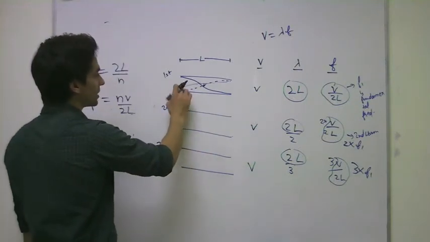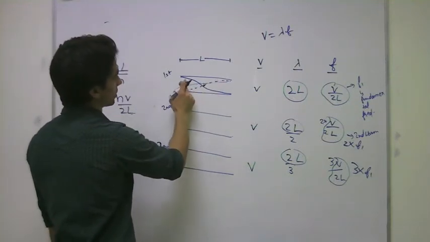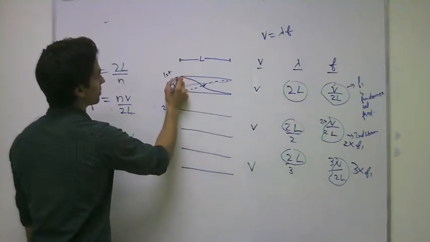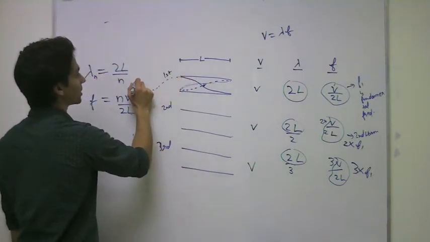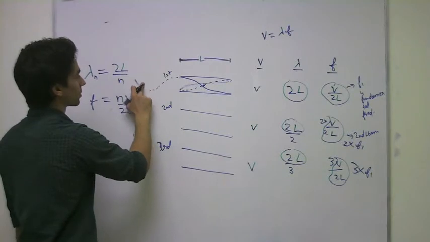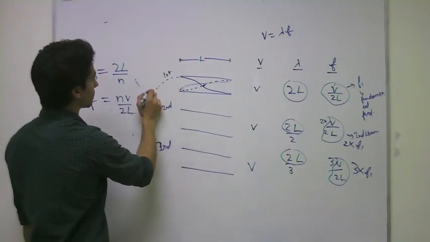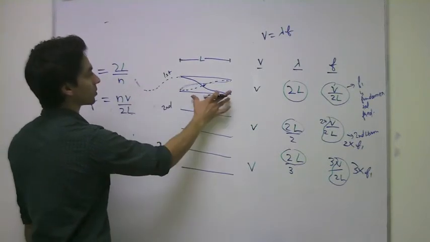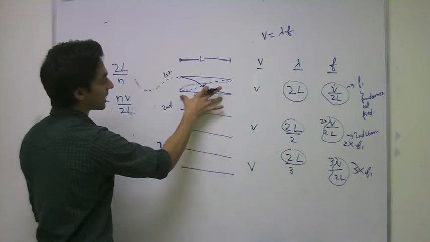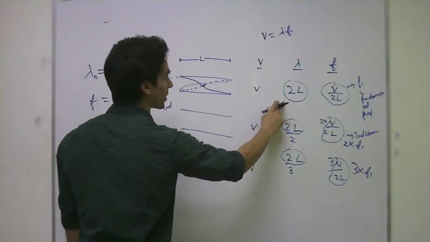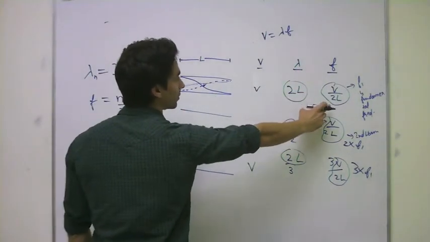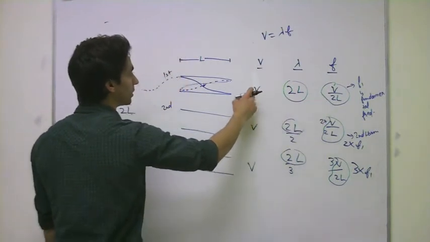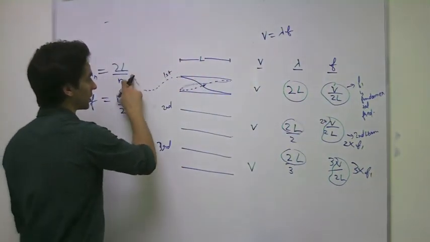Again, you can see that this L is half a wavelength. Why? Because if I extrapolate this, I would have the same length over here. So this L is half a wavelength, so lambda is 2L. Okay? Again, my frequency becomes V over 2L, where the velocity is V. Okay?